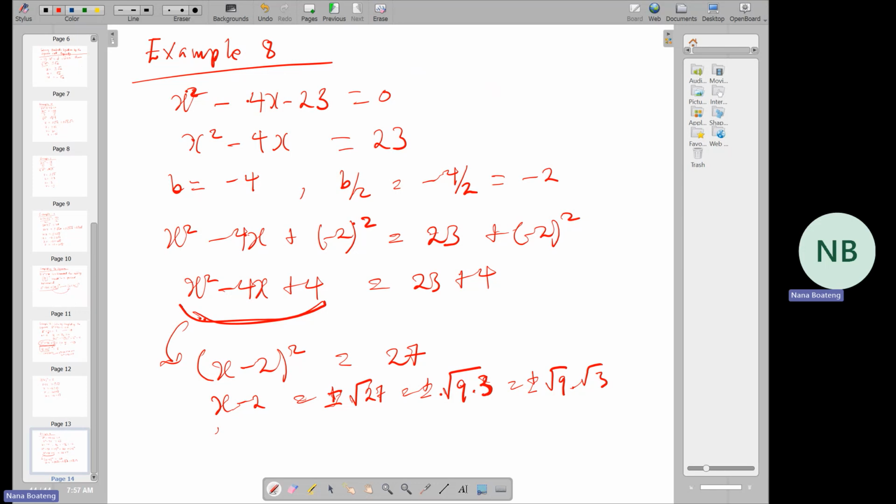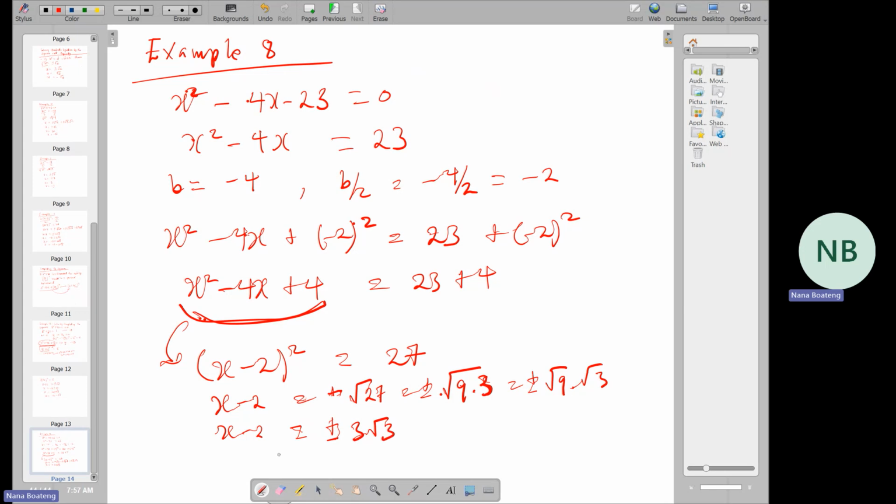So we have x minus 2 is equal to plus or minus square root of 9, which is 3, times the square root of 3.